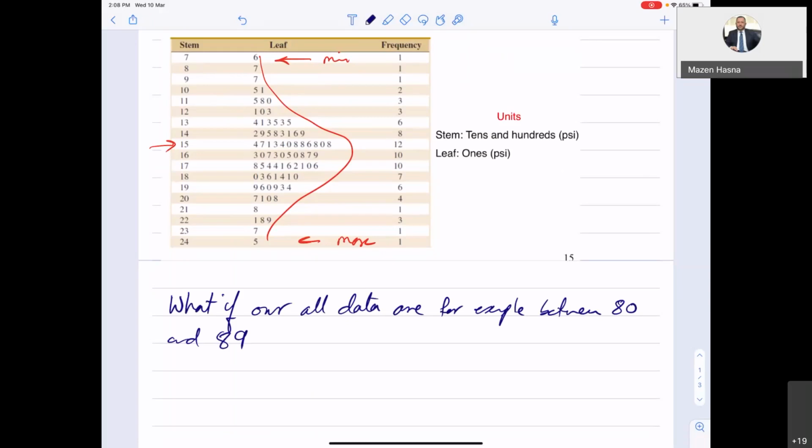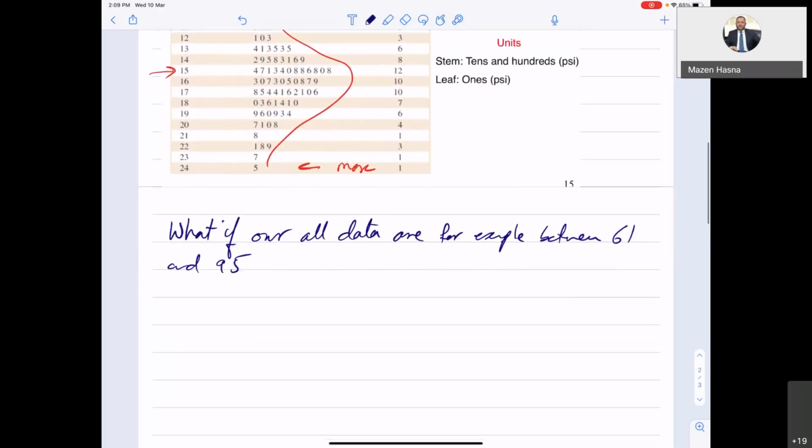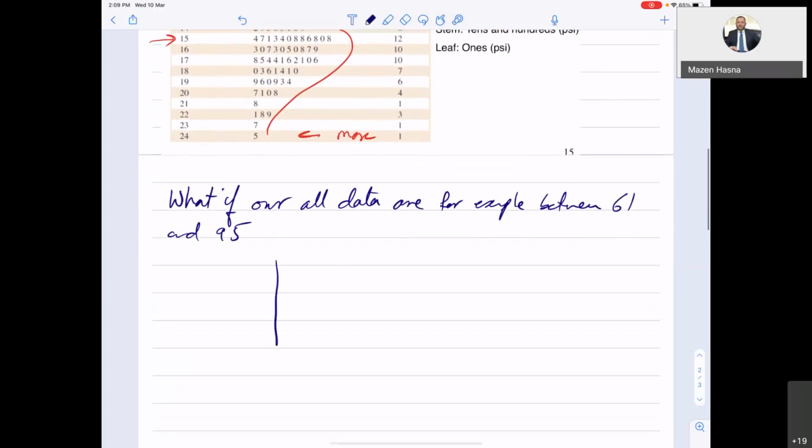This can happen. Your data are not very well spread. Or, as a very extreme example, what if all our data is between 61 and 95. So an example can be something like this.